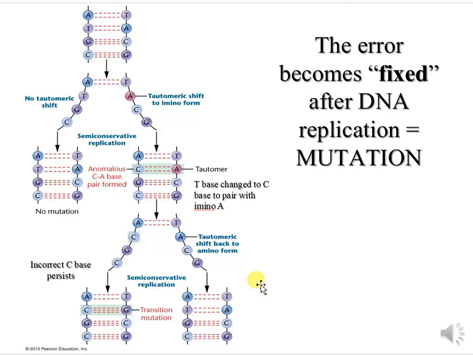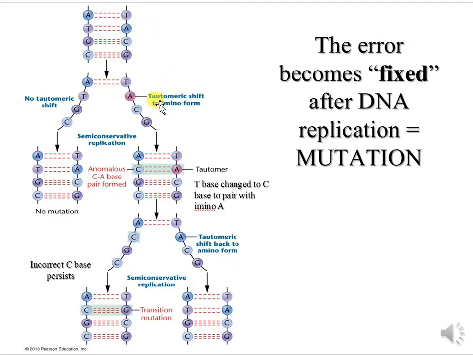So for example, we start off, I want you to focus on this little base pairing here, right? We have thymine base paired to adenine. We go through a little replication event. So this double helix gets separated by helicase. You have your two strands. At this point in life, your little adenine that's up here decides to shift its form.